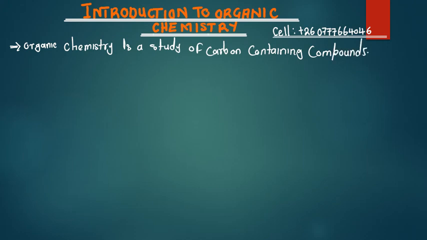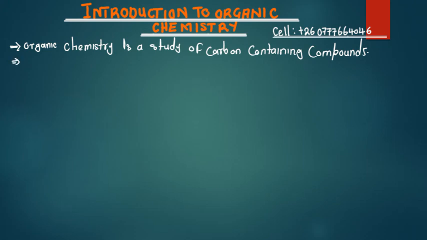So basically that is just organic chemistry. It's just a study of carbon containing compounds. In other words, for the whole of this topic, we shall be doing compounds which are going to be containing carbon. And of course, there will be other molecules that will be there, but mostly these compounds will be containing carbon. Okay, so that is the definition of organic chemistry.